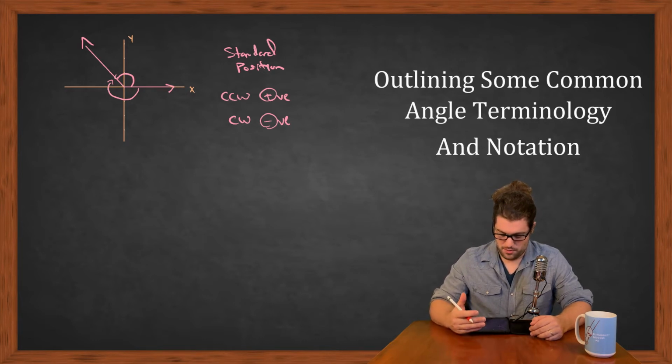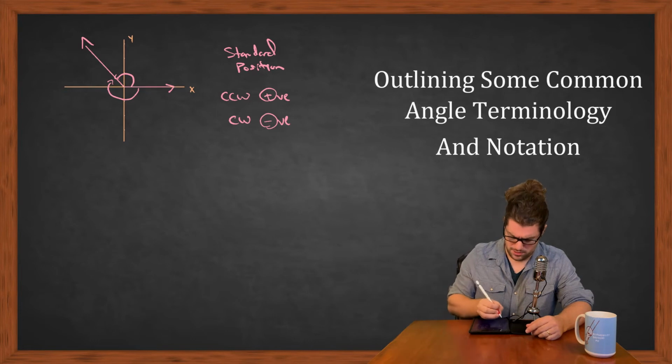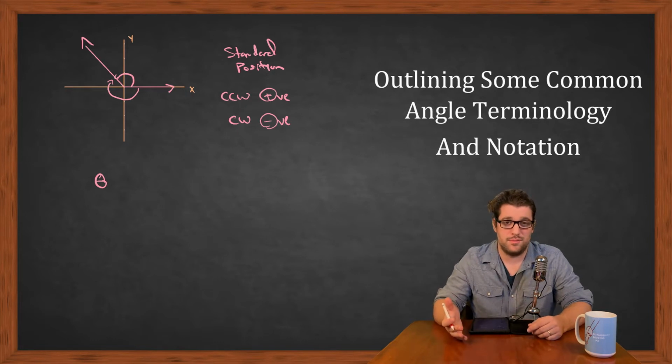So, this particular angle is in standard position, and we can talk about positive or negative rotations of that angle. A lot of times, I'm going to be using a theta, which is this little Greek letter, to denote an angle that I don't know the measurement of, or I just want to define a way to refer to it.